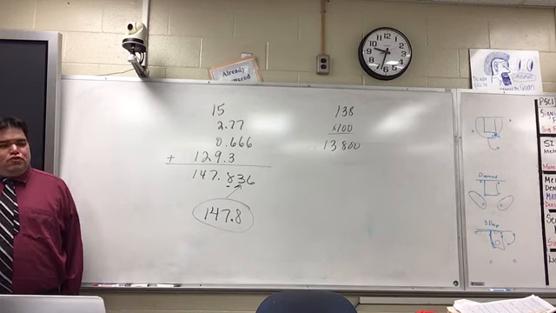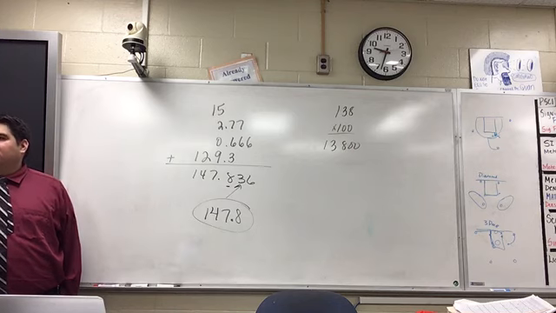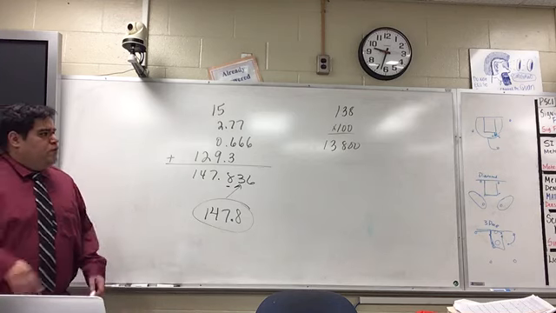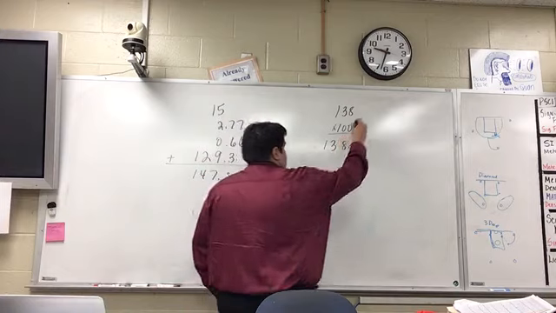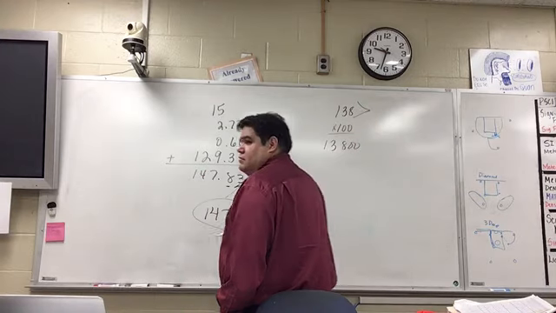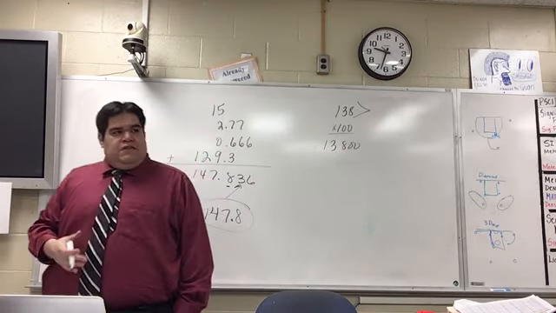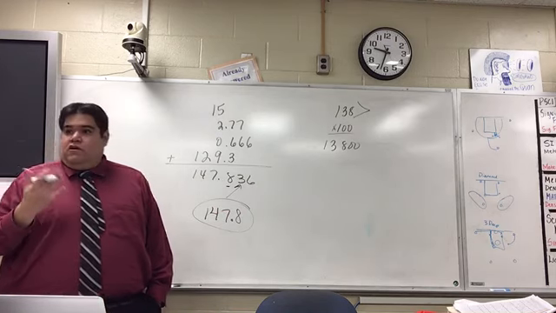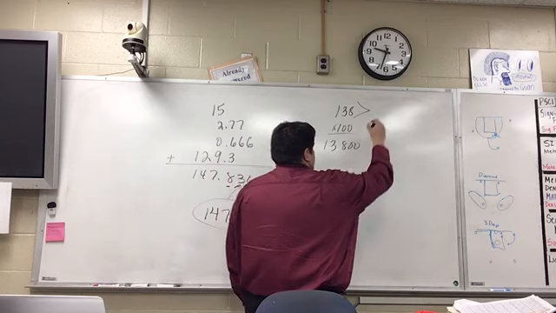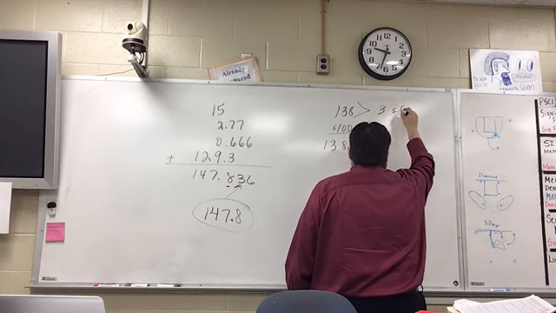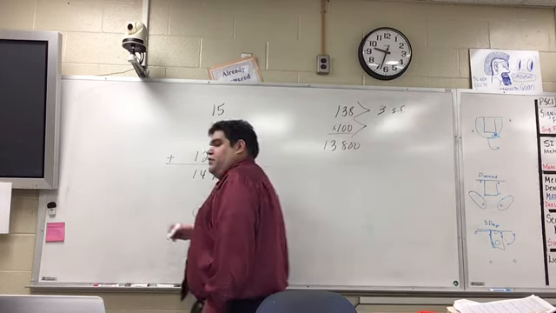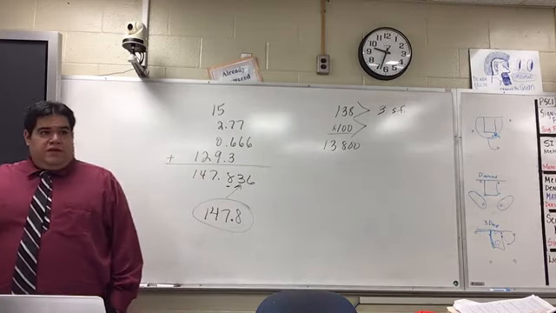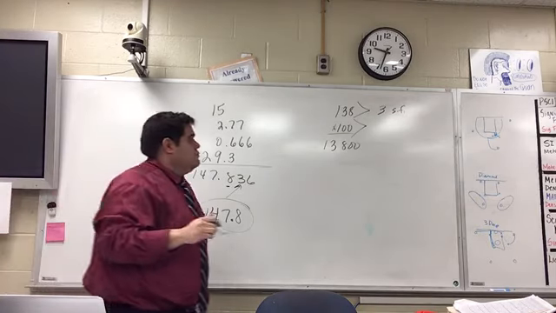The rule is different for adding and subtracting compared to multiplying and dividing. When we multiply and divide, we've got to do this. See this number right here, 138? How many significant figures are in that number? 3, because they're all non-zeros, correct? So this has 3 significant figures. How many significant figures are in the number 100? 1, because the zeros don't count.